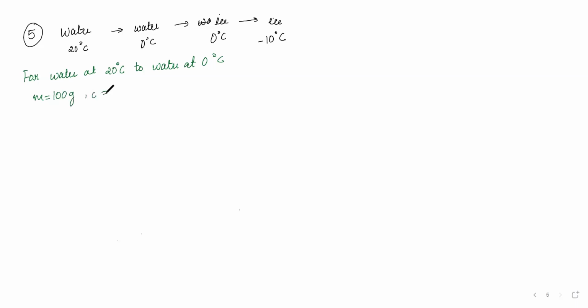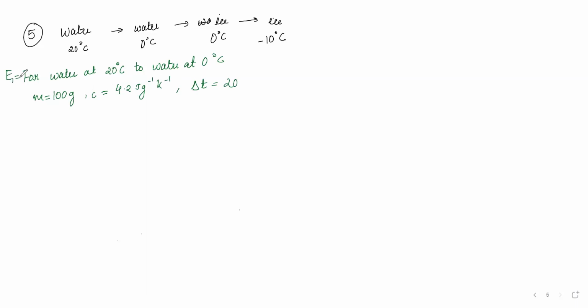C has been given as 4.2 joule per gram per Kelvin. And what is the delta T here? Delta T here will be 20. So what will be the amount of energy released? We'll write this as E1.